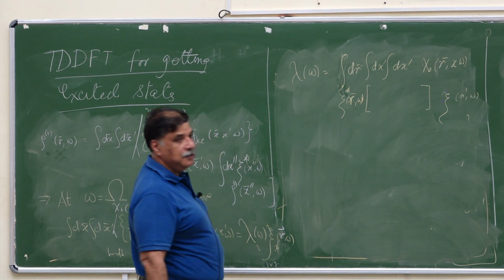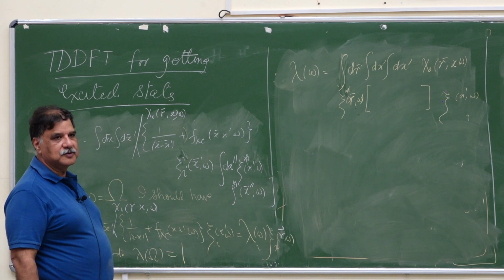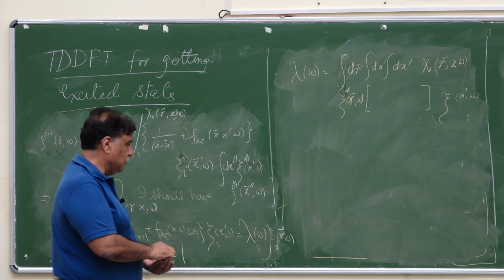I multiply by zeta, and then lambda omega comes up with this. Is that okay? Now I'll make a single pole approximation.